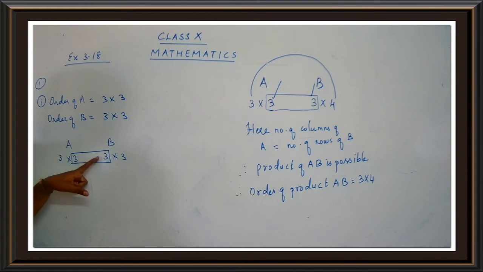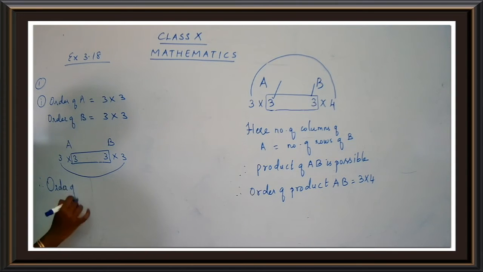Yes, they are equal, 3 is equal to 3. So the column of A is equal to the number of rows of B. Okay, so that is not a matter. Now we just focus on 3 and 3. So write down here, therefore, they are asking you the order, yes?